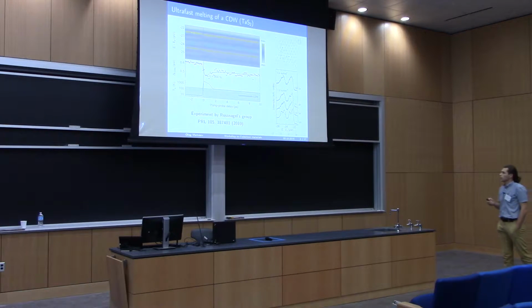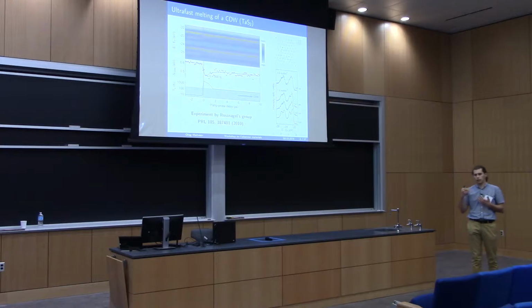So from the example of these two experimental data sets, we see a very interesting phenomenon in the non-equilibrium state of charge density wave ordered materials. On one hand, we see the fast charge density wave gap collapsing, and on the other hand, we see the collapse of the order parameter, but it never goes down to zero.